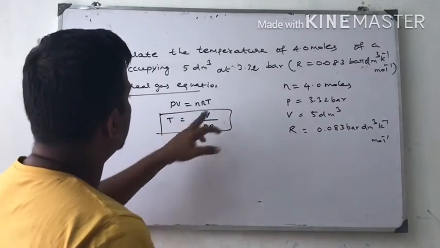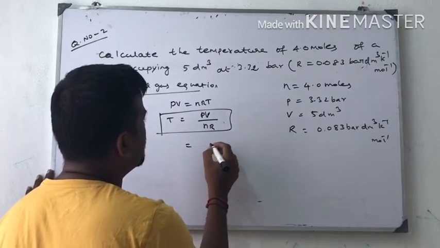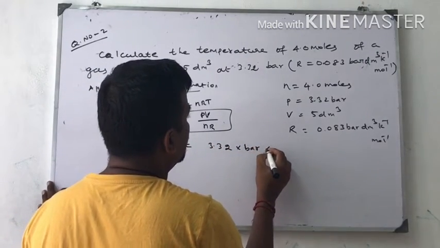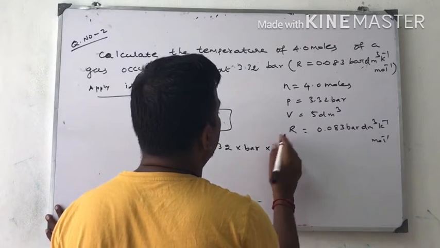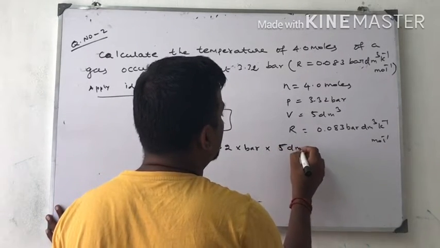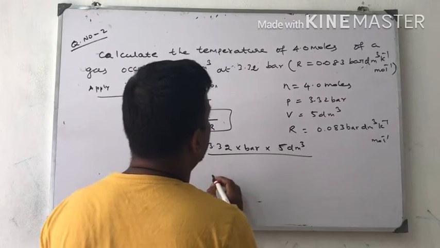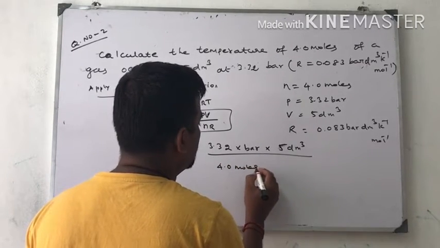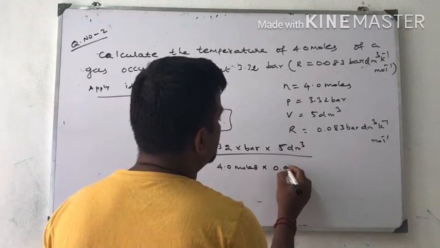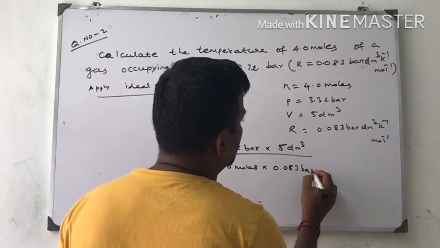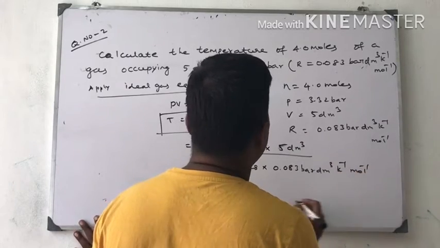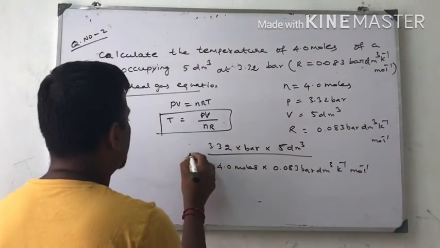Then substituting the values, P is equal to 3.32 into volume 5 decimeter cube, divided by gas constant, n is equal to 4 moles into 0.083 bar decimeter cube Kelvin inverse mole inverse. Temperature only we are going to find.